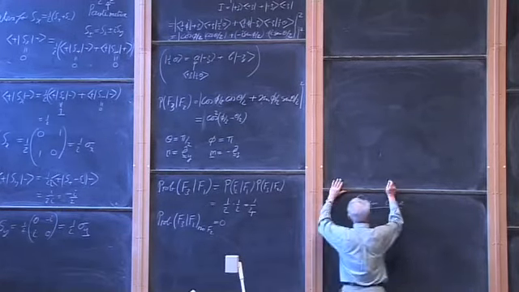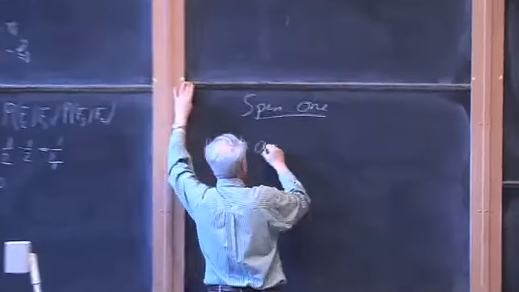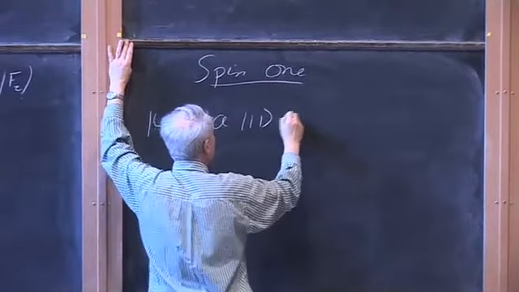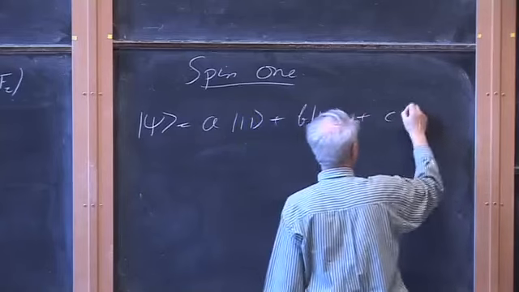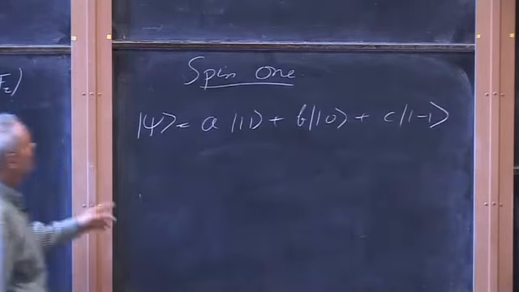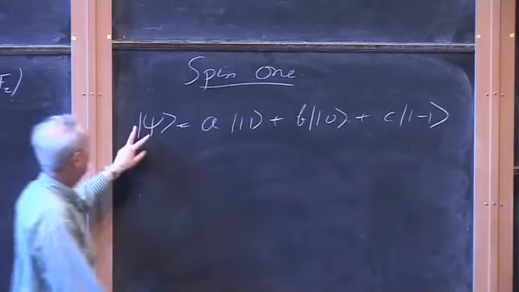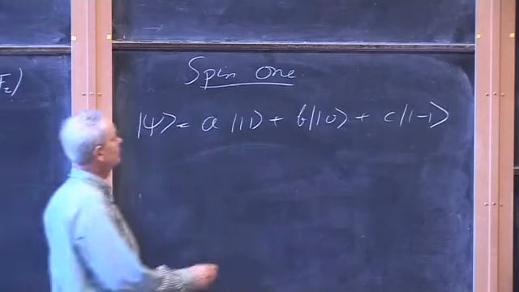So in the case of spin 1, psi can be written as an amount of |1,1> plus an amount of |1,0> plus an amount of |1,-1>. So there are 3 complex numbers needed to define the orientation of the spin of a spin 1 particle.